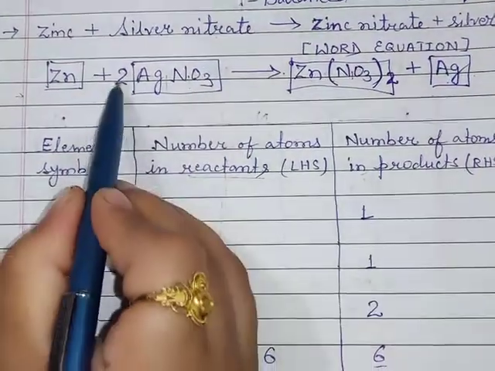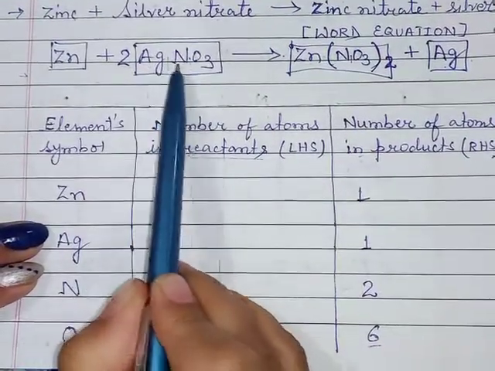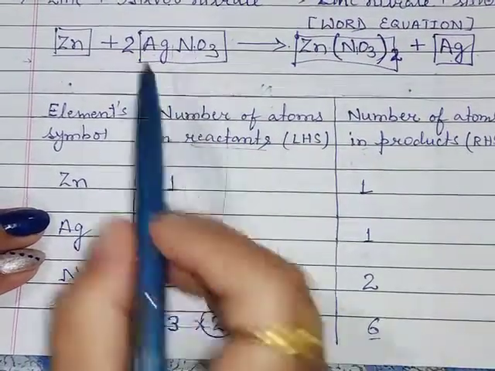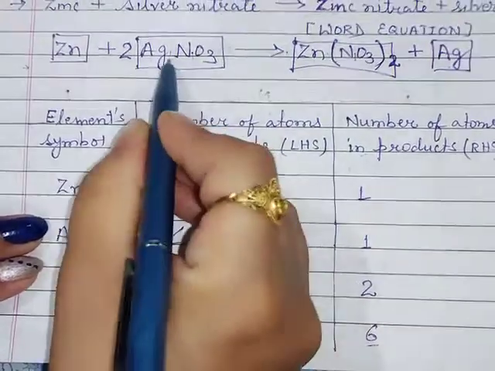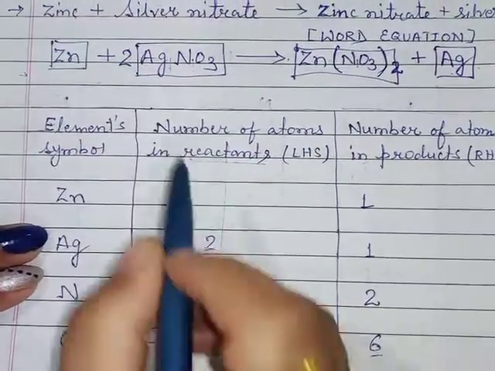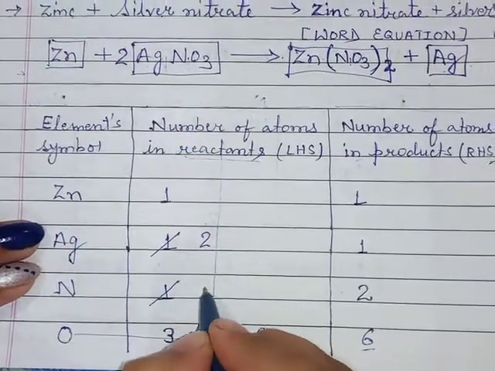But the number of atoms of silver and nitrogen also change. Silver changes to 2, 1 multiply 2. Nitrogen also changes to 2.